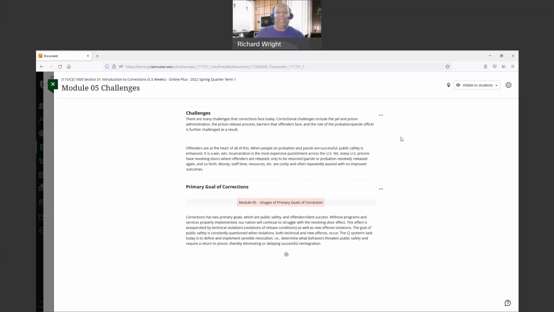But once again, it's more expensive to have those people in that position as opposed to being placed in a situation where they are not behind bars and able to continue, not totally on their own, but with the support of their probation officer or parole officer, depending on whether they're on parole or probation.